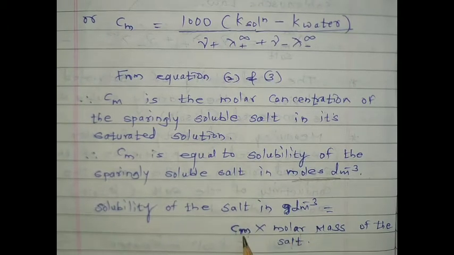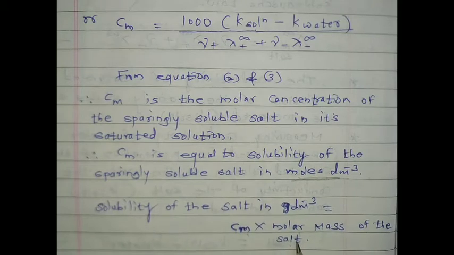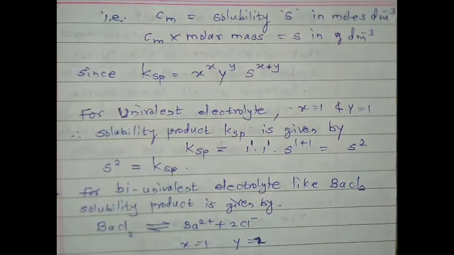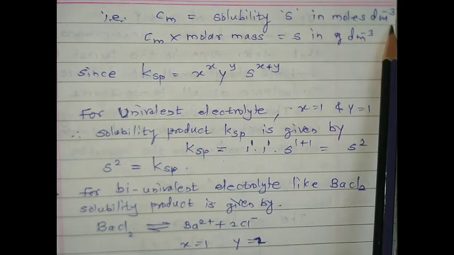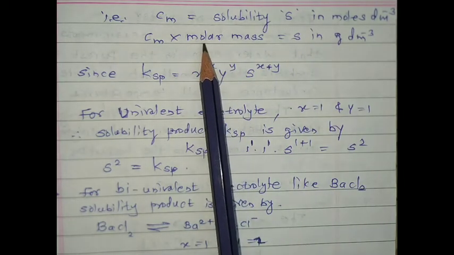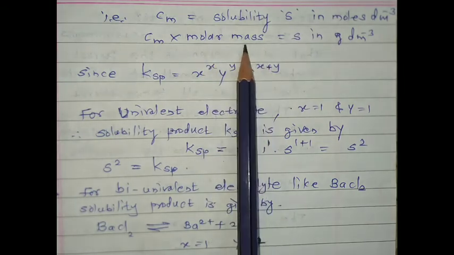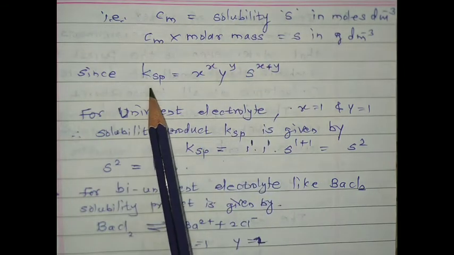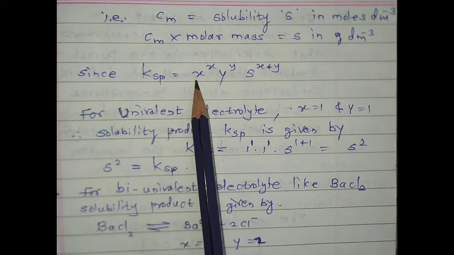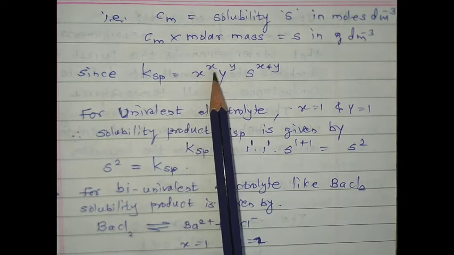When we multiply the molar concentration with the molar mass of that particular salt, we get the solubility of the salt in gram per dm cube. So the solubility S in mole per dm cube can be converted into gram per dm cube by multiplication with the molar mass of the salt.